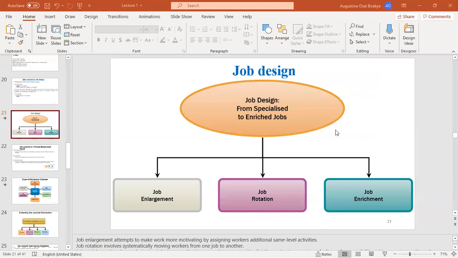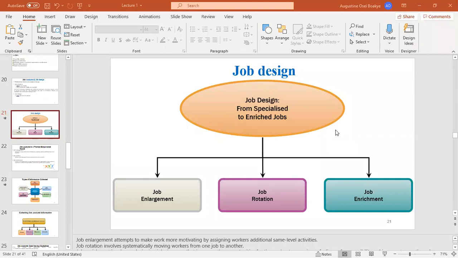I'm saying that there are several types or approaches you can use to design a job, and each of these types has an objective it tries to achieve. But for the purpose of your level, I'm introducing you to just three, which are job enlargement, job rotation, and job enrichment.